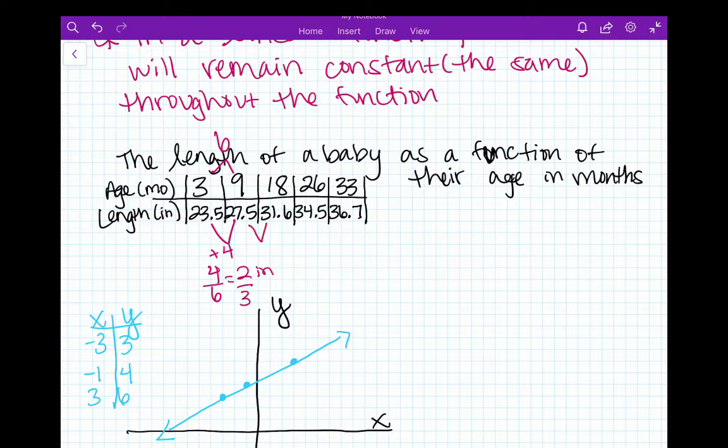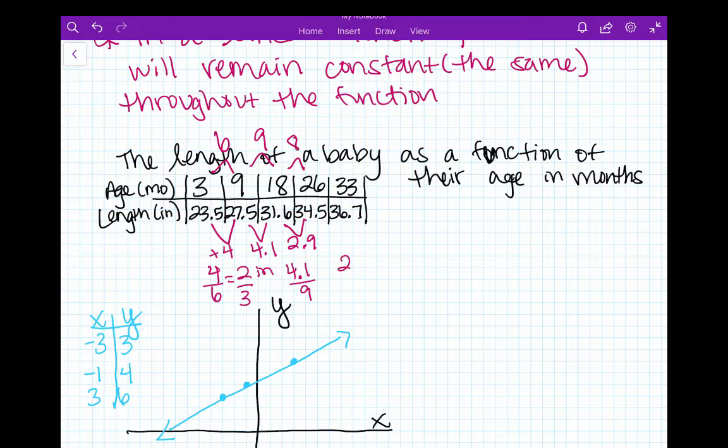The next set goes from 27.5 to 31.6, which is a 4.1 inch increase, and the time increase is 9 months. So the ratio here would be 4.1 over 9. The next one goes from 31.6 to 34.5, which is 2.9, and the increase is from 18 to 26, which is 8 months.